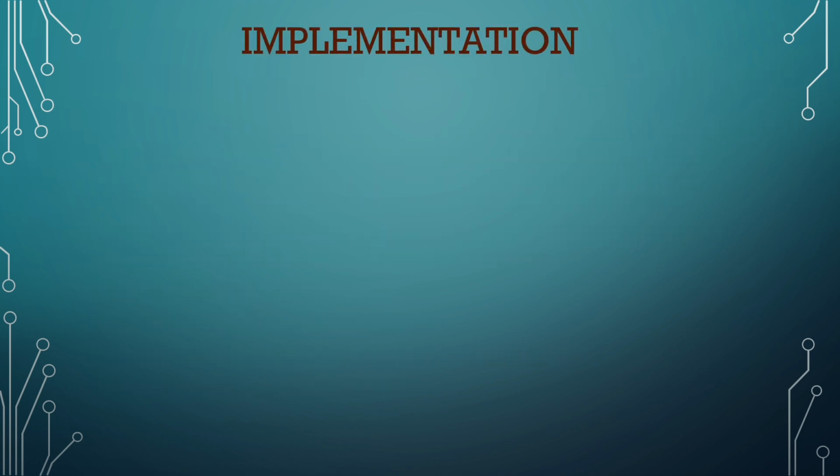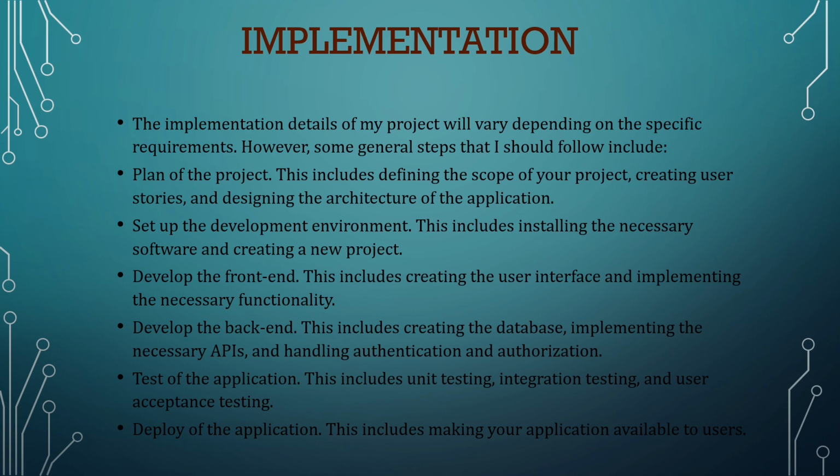Then the implementation of this project. The implementation details of my project will vary depending upon the specific requirements. However, some general steps that I should follow include: plan the project. This includes defining the scope of my project, creating user stories, and designing the architecture of the application. Set up the development environment. This includes installing the necessary software and creating a new project.